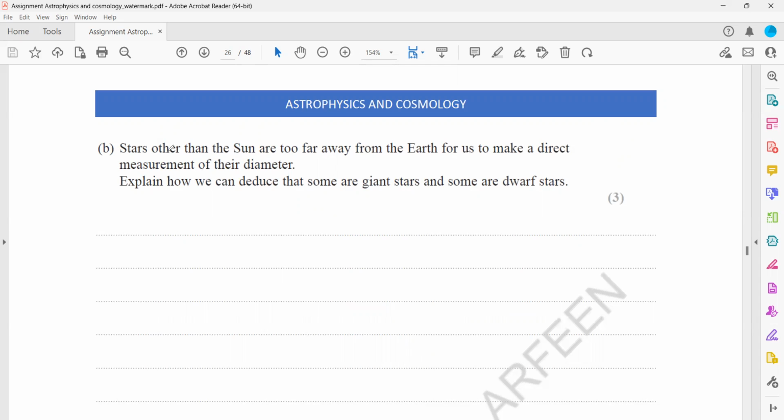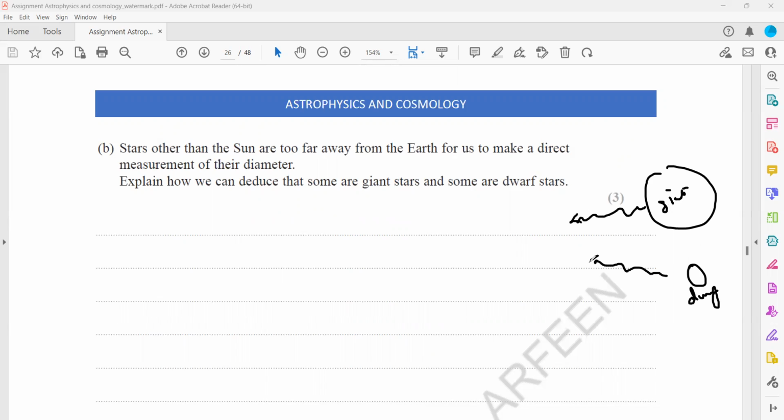They say stars other than the sun are too far from us to make a direct measurement of the diameter. We cannot measure the size of the star. How can we identify that this is a giant star and this one is a dwarf star? The size of the stars is different. So what we actually do is record the wavelength which we receive from these stars.